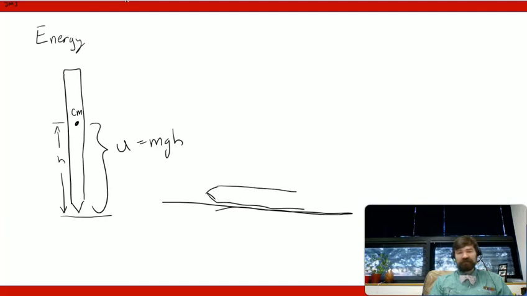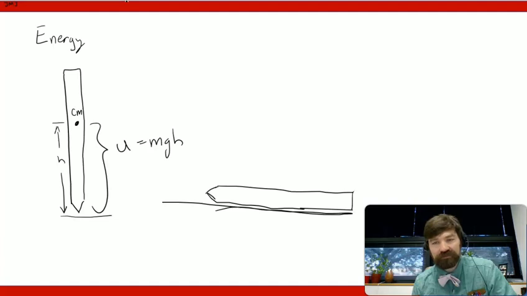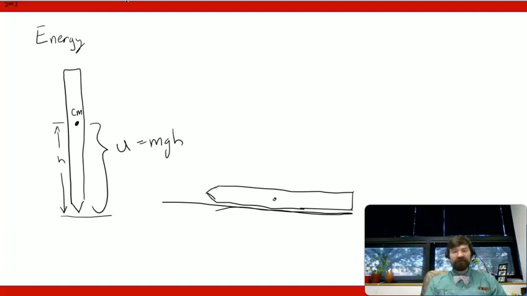we can ask which of these has a greater potential energy. Well, this right here is now my height, and so now I have U equal to mgh. This would be erect, and this would be maybe like lying flat or something like that.